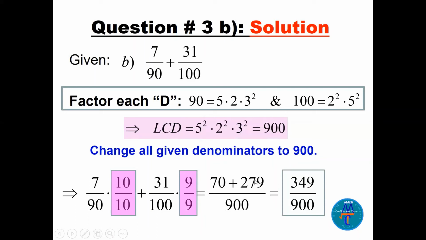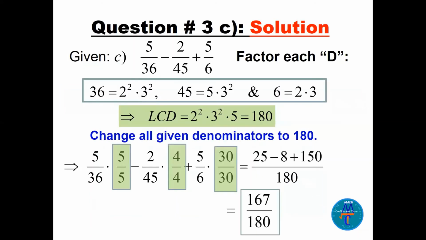When you add 70 plus 279, 349 over 900. I know ugly numbers, but it's better to learn the method. You can put any easy example if you like, and you can try it yourself. You can look at any book. You can go and practice. The important thing is how to find the LCD.